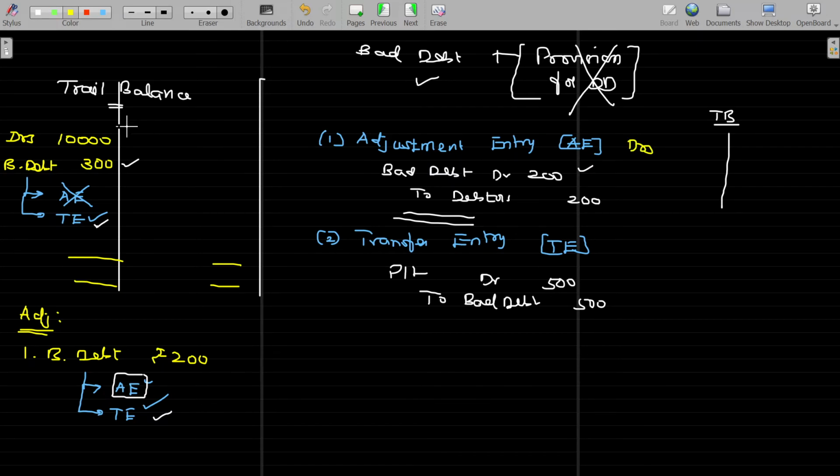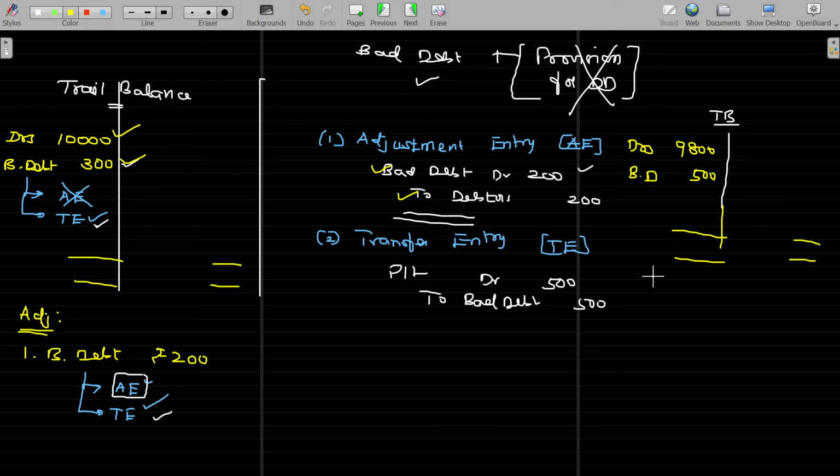Debtors, originally 10,000, is credited by 200 because of the adjustment entry, so debtors is 9,800. And bad debt, originally 300 in the trial balance, is debited another 200 rupees, so bad debt is now 500 rupees. This is how the trial balance will appear.